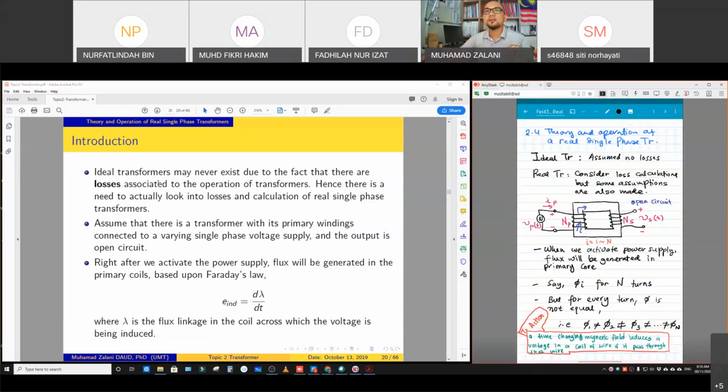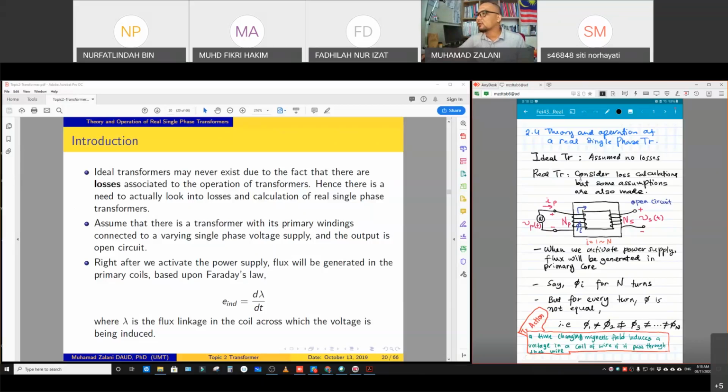In this section 2.4, now we are discussing the theory and operation of the real single phase transformer. This is the real transformer, which is the transformer that considers losses. As you can see here in my notes, I have written that the ideal transformer is assumed as no losses.